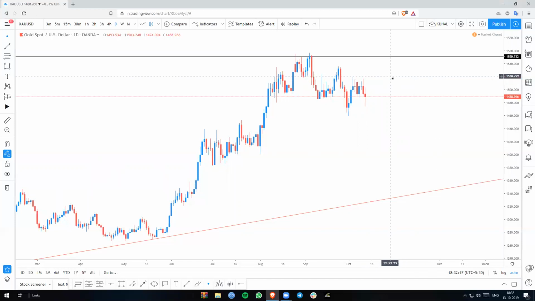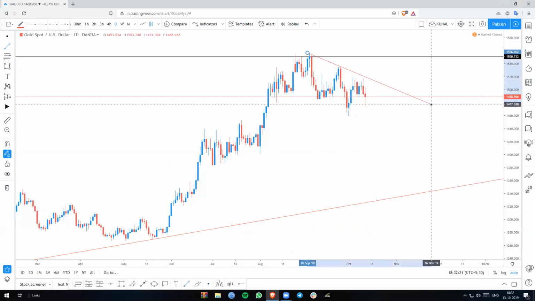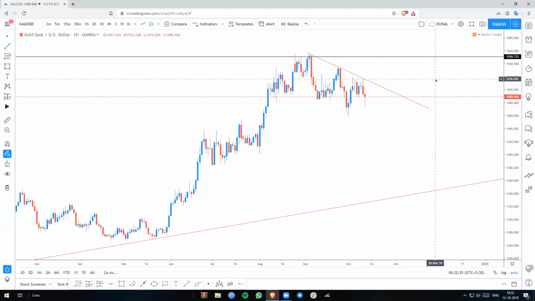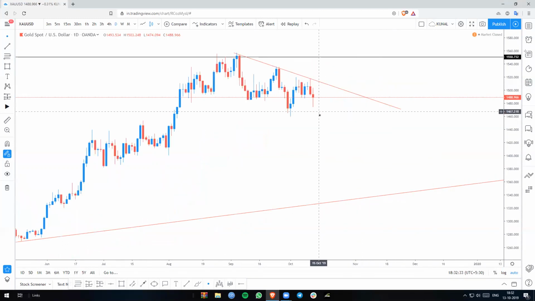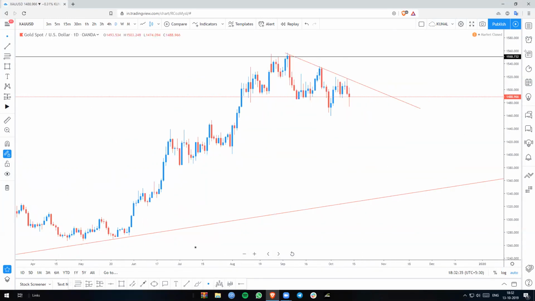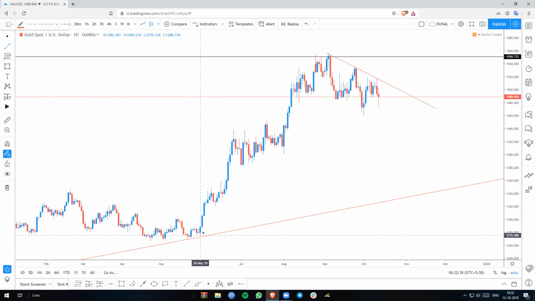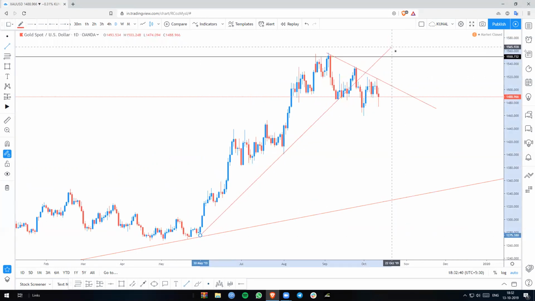Of course, we have this TL, which makes sense. That's the TL on gold for now. So what I want to see on gold is if we have already broken some TL as well, I guess.